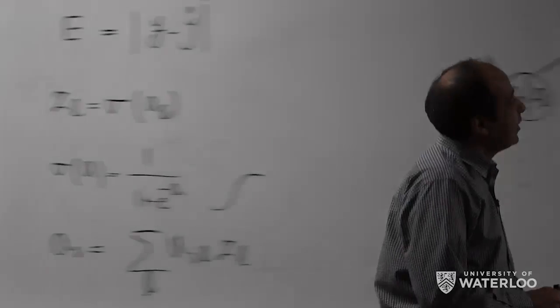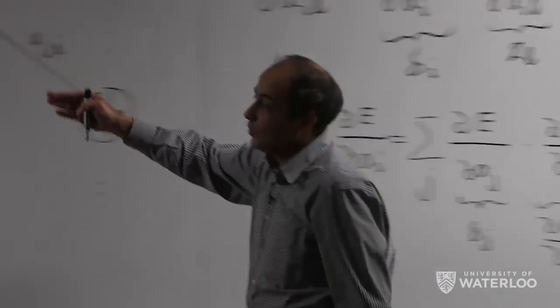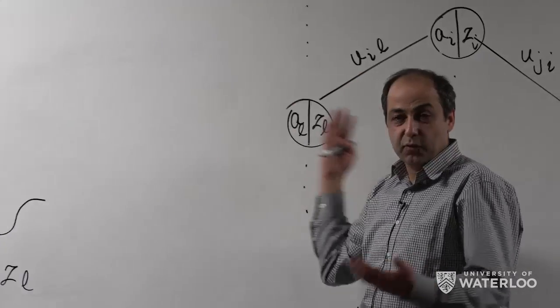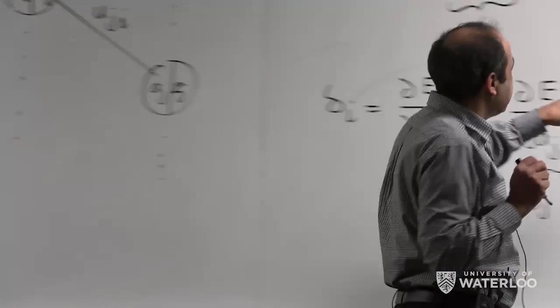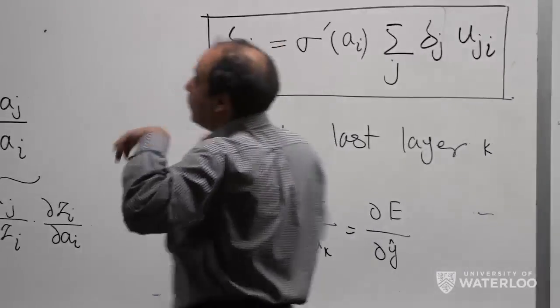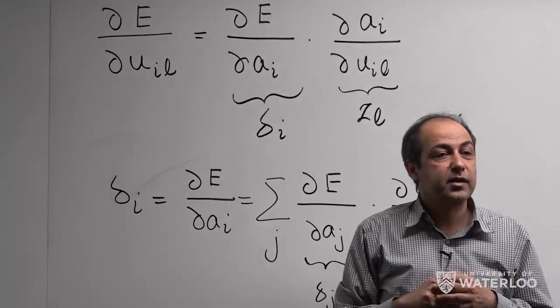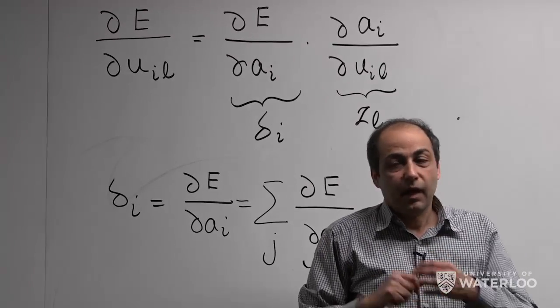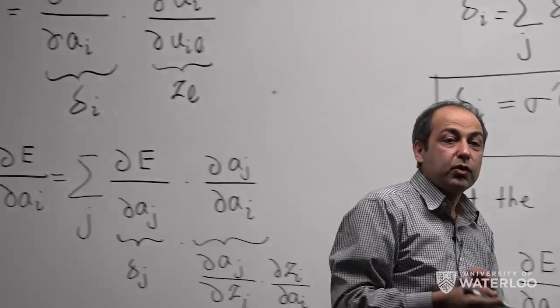Having delta of all layers and knowing all z, because in the forward step you do have z's, you can compute the derivative of output with respect to all of the weights. Having the derivative of output with respect to all of the weights, then you can do gradient descent.